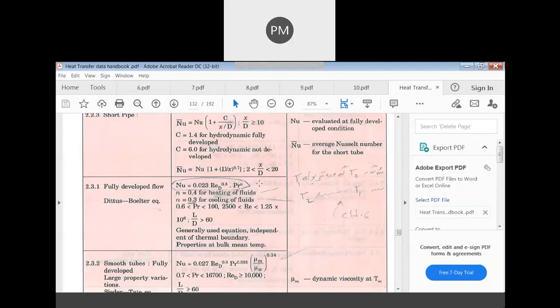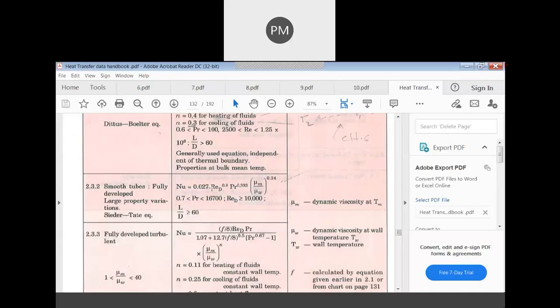Here n equals 0.4 for heating of fluids and 0.3 for cooling of fluids. The Prandtl number should be between 0.6 and 100, and the Reynolds number between 2500 and 1.25 times 10 to the power of 6. We mostly use this formula whenever the flow is turbulent.